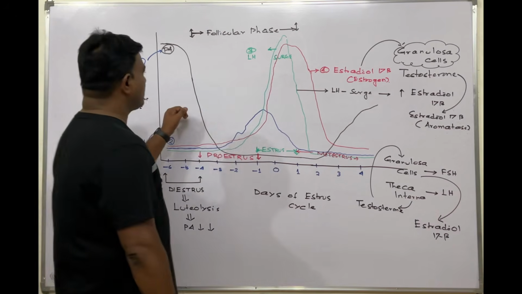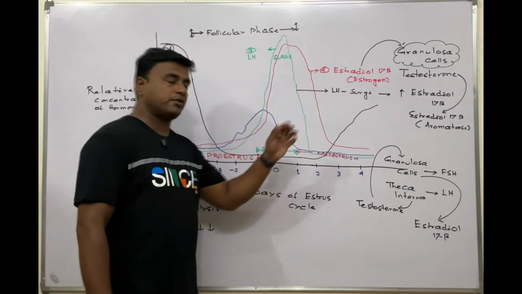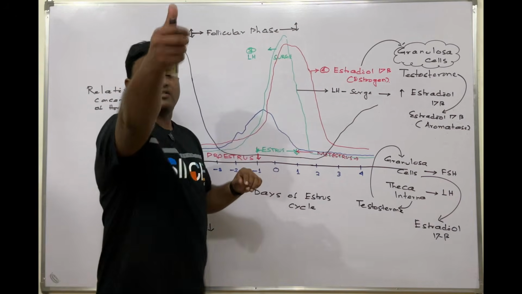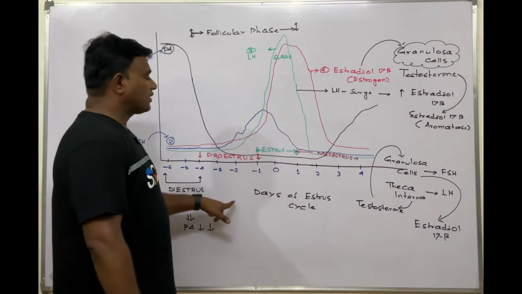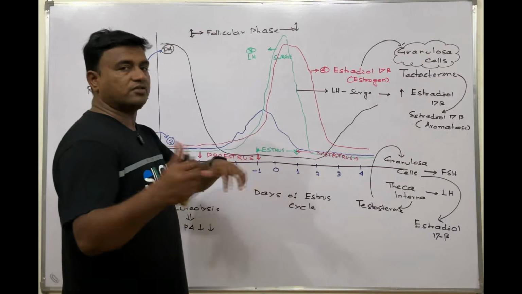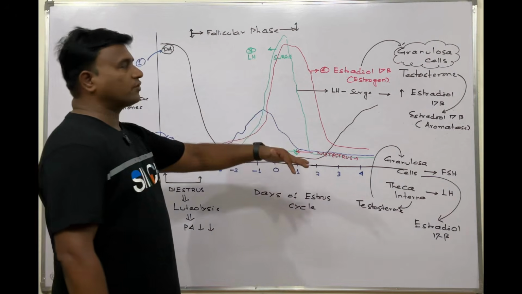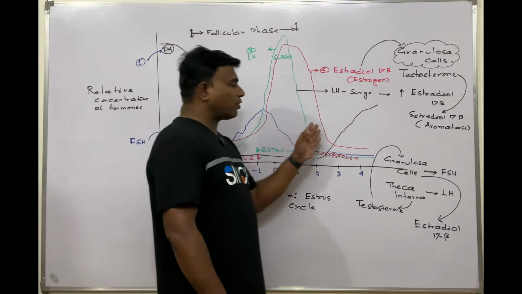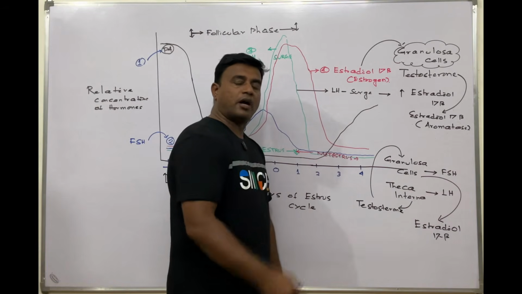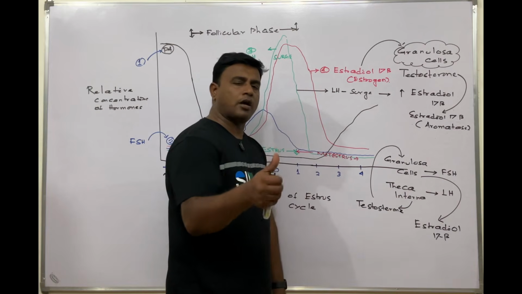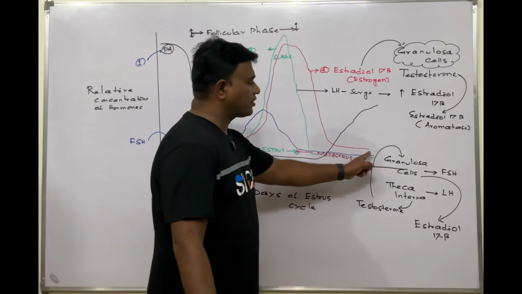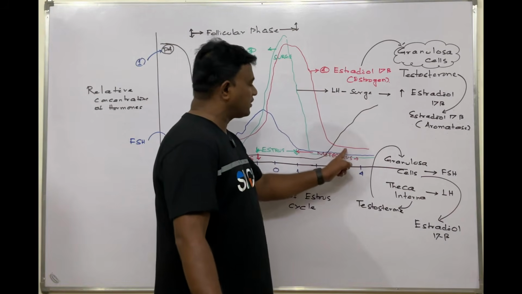In the proestrus and in the estrus, the terminal phase, due to high estradiol 17 beta, this LH surge occurs, and thereafter, once the corpus luteum is formed, under the influence of the LH, because LH causes luteinization, and then progesterone secretion starts, and that progesterone and also the Theca progesterone provide negative feedback to the hypothalamus. Hypothalamus shuts down the secretion of GnRH. FSH and LH levels will start decreasing. What you are seeing, when progesterone is rising, they are low.